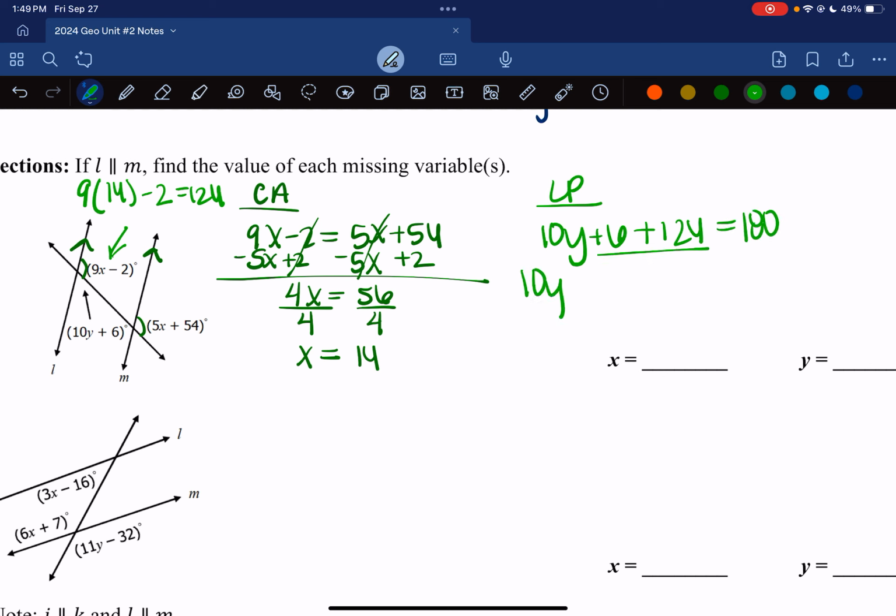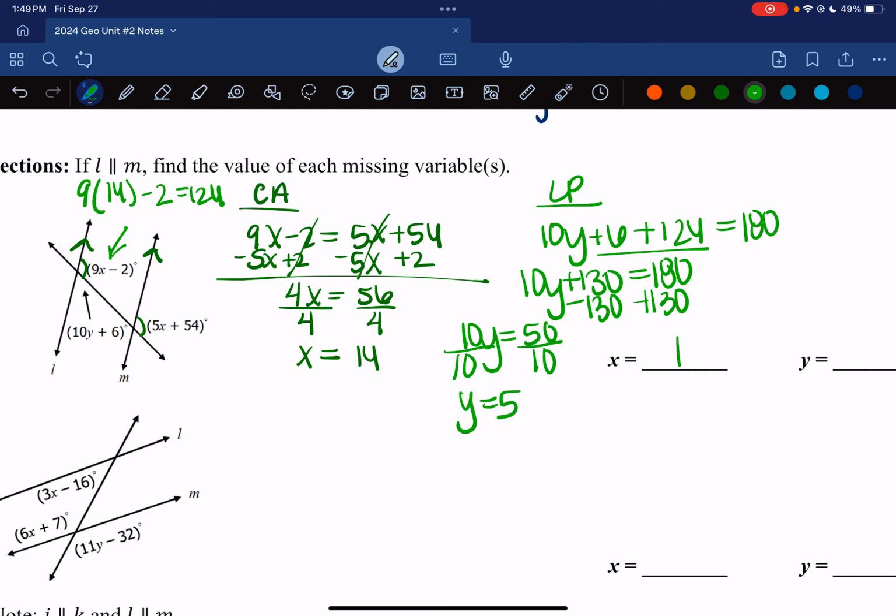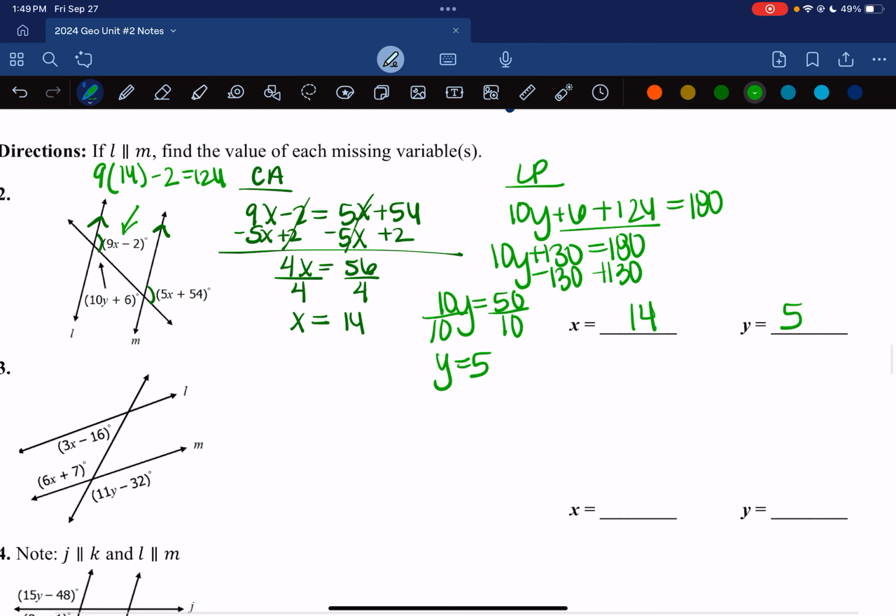Combine like terms, we have 10y plus 130 equals 180. If we subtract 130 from both sides, we have 10y equals 50, divided by 10. We have y equals 5. So our 2 answers are 14 and 5 for x and y.